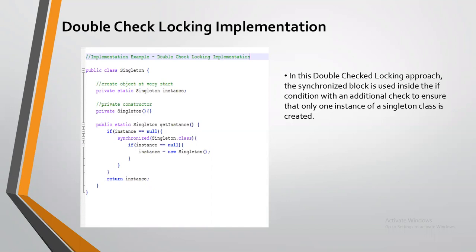Both threads T1 and T2 will reach the getInstance method and check the static instance for null. Since we are obtaining the lock on the Singleton class, only one thread will enter the synchronized block at a time. The first thread enters and creates the object, then leaves the synchronized block. Then the second thread enters the synchronized block and finds the instance is not null, so it comes out of the block and returns the object which was previously created by the first thread.